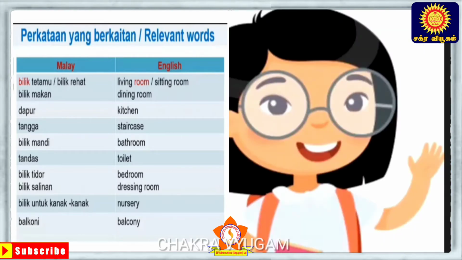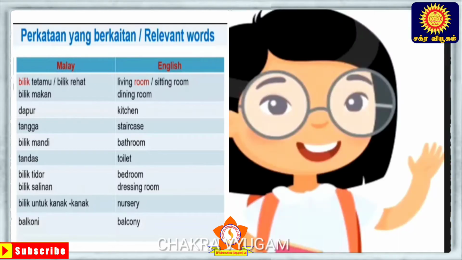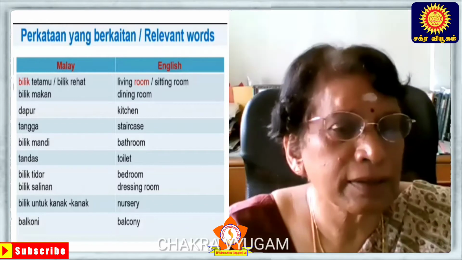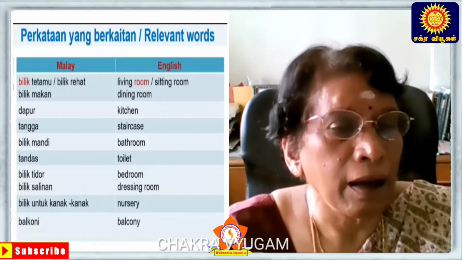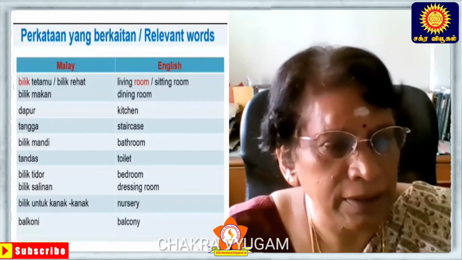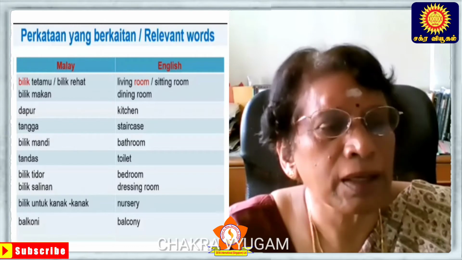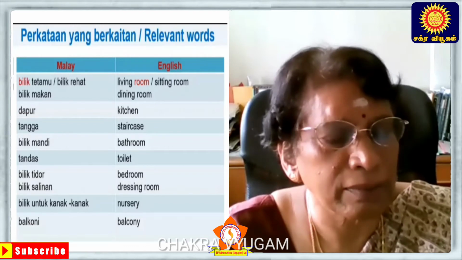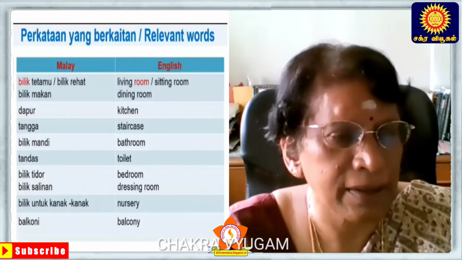Again, room, this is bathroom. Tandas. Tandas is toilet, but in some rooms they would call it bilik mandi, which is bathroom and toilet, or bilik cuci, washroom. So you just need to be sure whether it's tandas. Usually you see the sign for tandas.